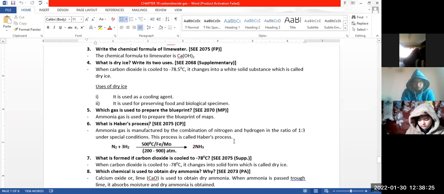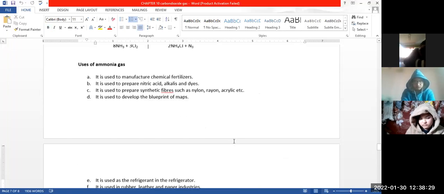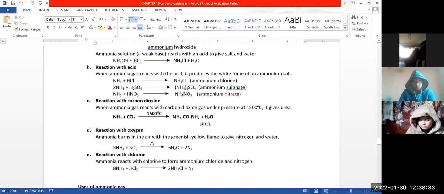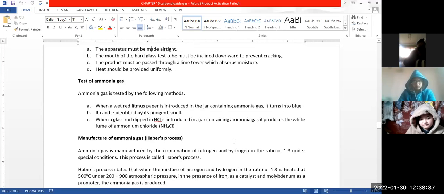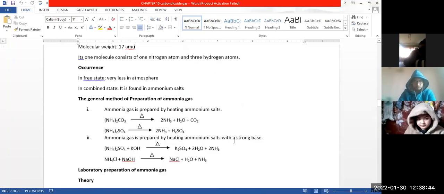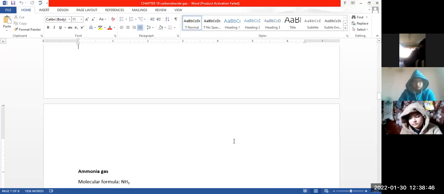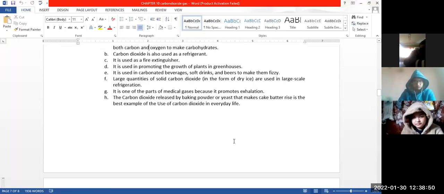So in this way, you have to revise all the chapters and try to solve the questions from the set book. Today, I give you work to practice the set questions from some gases. That is the assignment for you.